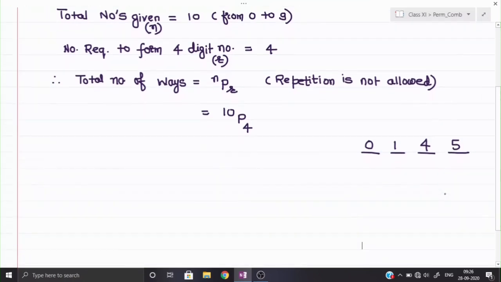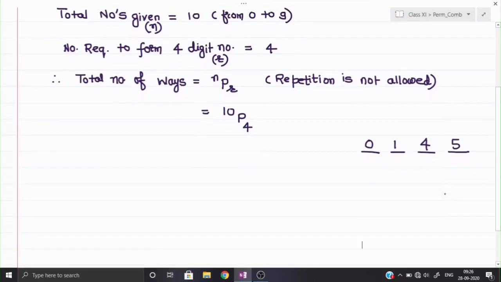So 10P4 includes such numbers also, where the 0 is coming at the first place. So from whatever value of 10P4 comes, we need to discard such kind of numbers from the total numbers.